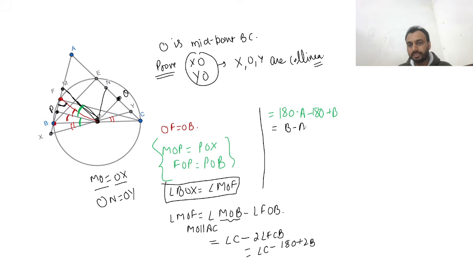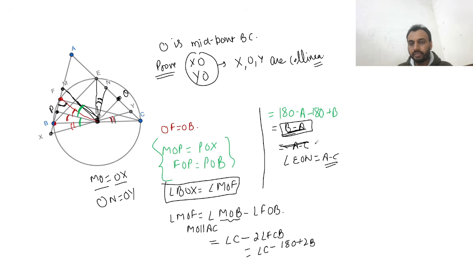It is B minus A. With the same thing, we can also find out that this angle is equal to this one, which is nothing but A minus C. So this angle FON is A minus C. Or sorry, EON is A minus C.